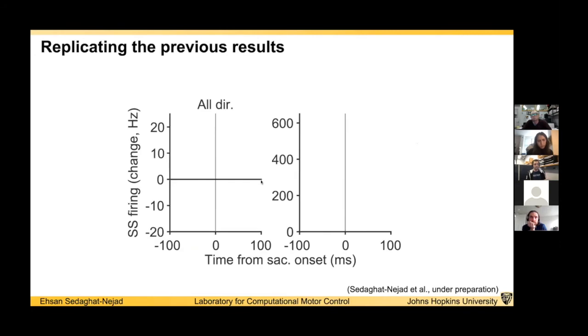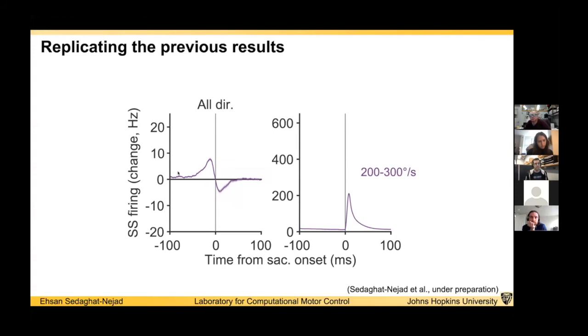So first of all, let's see if we can replicate the literature and see the same thing that has been reported. This is the population activity. I put all of the 138 cells that we recorded from in one basket and look at the lump sum total activity of all these cells.